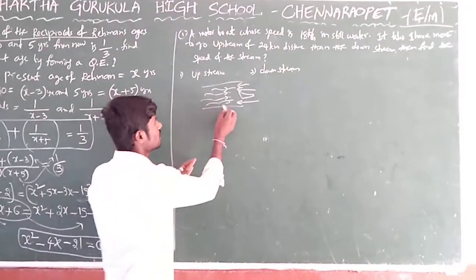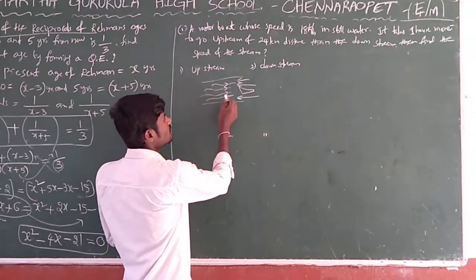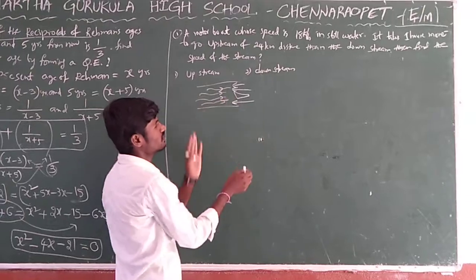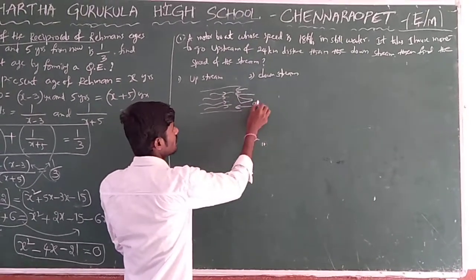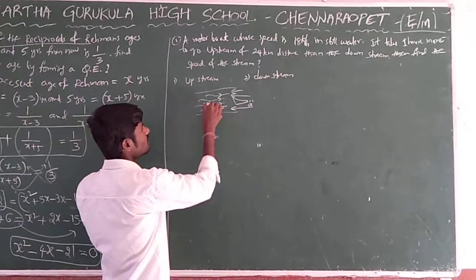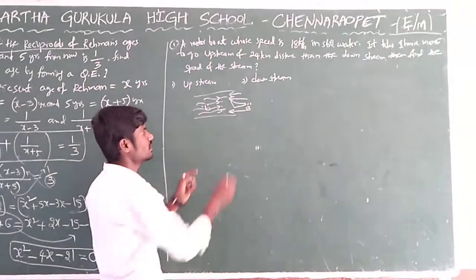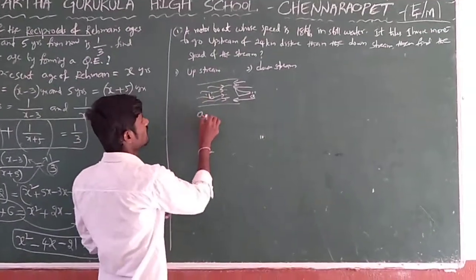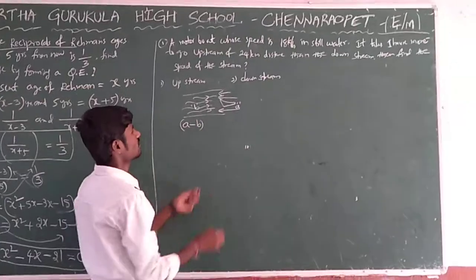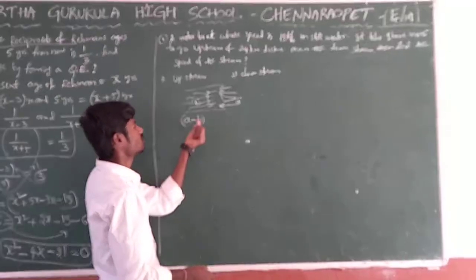Suppose the boat speed is A and the river speed or stream or current is B. In that case, the upstream speed will be A minus B, means the stream speed is subtracted from the boat speed.